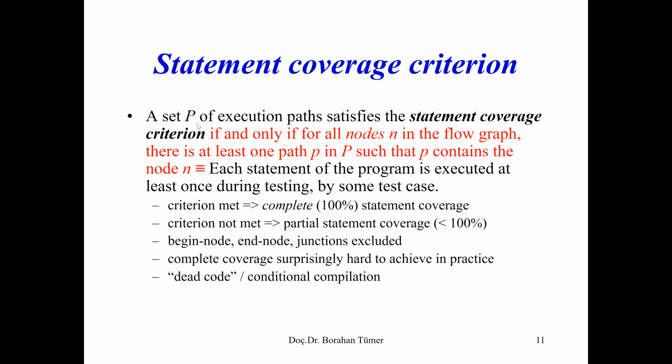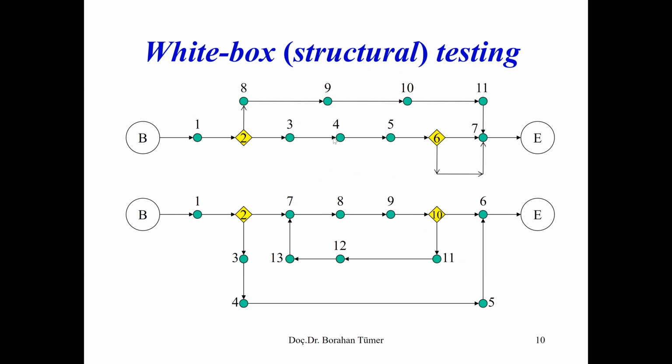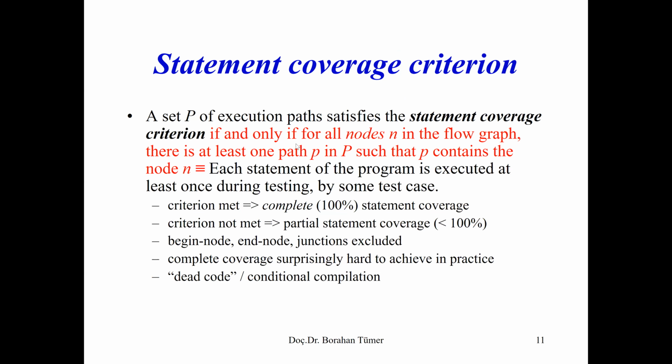A set P of execution paths satisfies the statement coverage criterion if and only if for all nodes n, by a node we mean such a statement here, in the flow graph there is at least one path p in the set of execution paths P, such that p contains the node n.